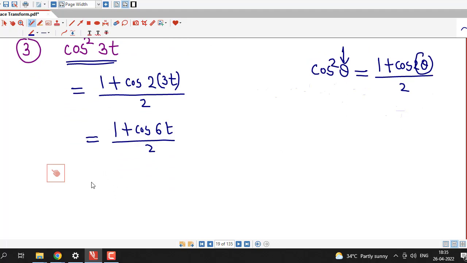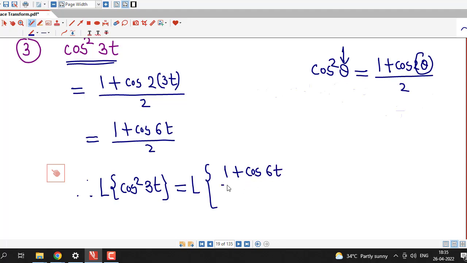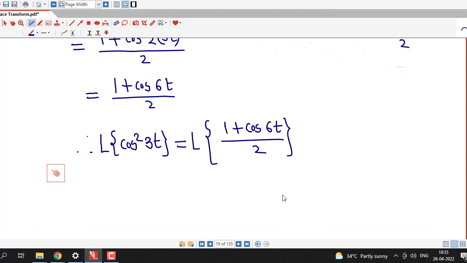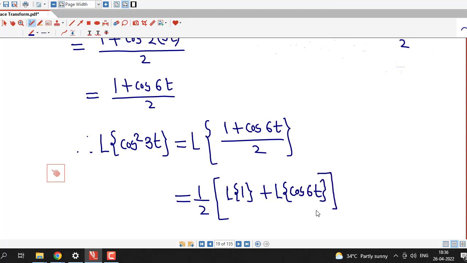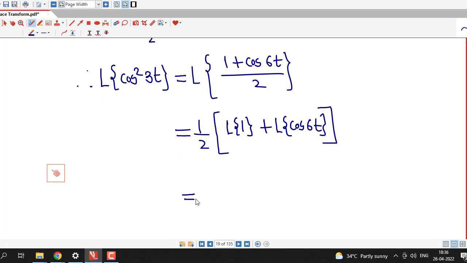and because cos square 3t equal to this, therefore Laplace transform of cos square 3t is equal to Laplace transform of 1 plus cos 6t divided by 2, and using linearity property I can take 1 by 2 outside, and here I can rewrite this as Laplace transform of 1 plus cos 6t equal to Laplace transform of 1 plus Laplace transform of cos 6t, and Laplace transform of 1 is 1 divided by s.